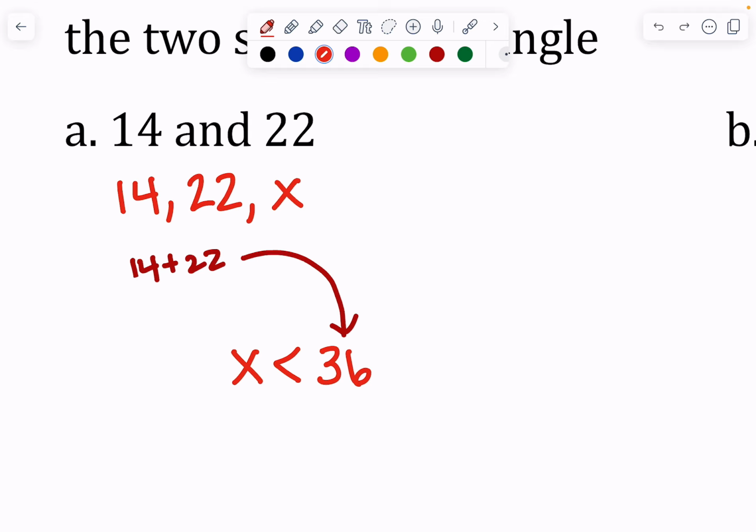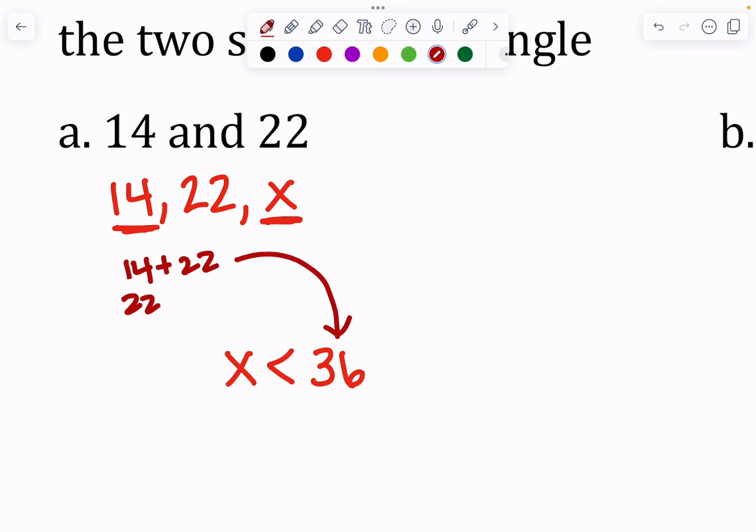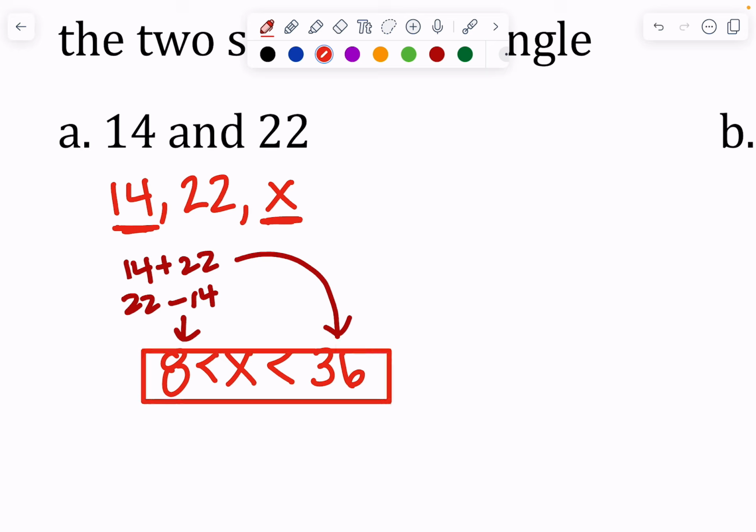What we need to make sure is that 22 is smaller than x plus 14. So what we can do is take 22 minus 14 and make sure that x is always going to be bigger than 8. Okay, so x can be between 8 and 36, and we would have a triangle.